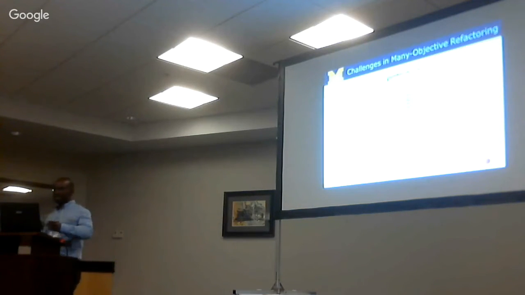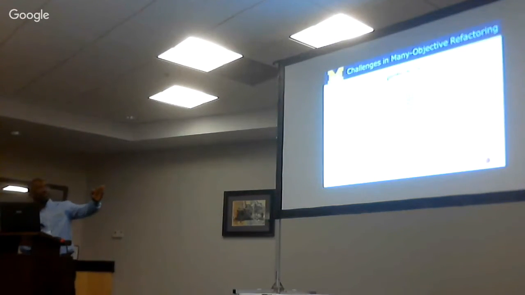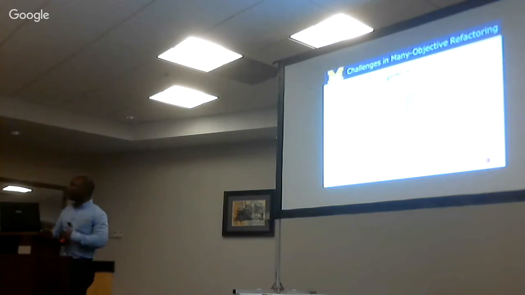And also, as you can see in this graph, when the number of objectives increases, the algorithm used here has difficulty distinguishing the solutions to be taken into account for the next iteration.